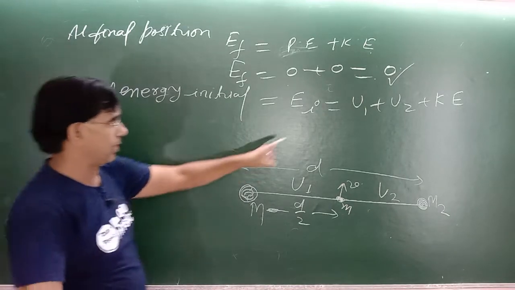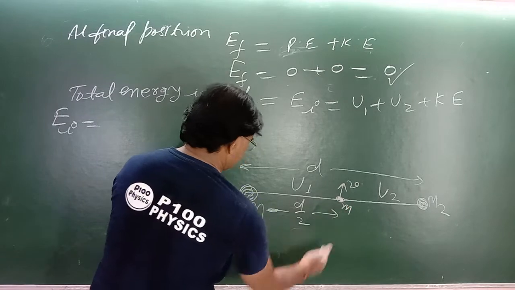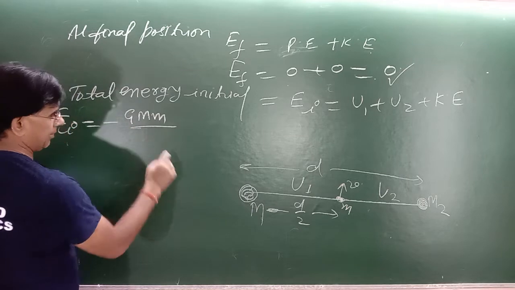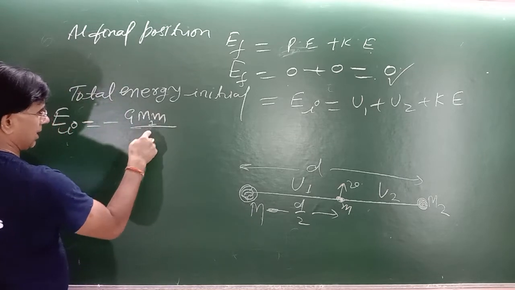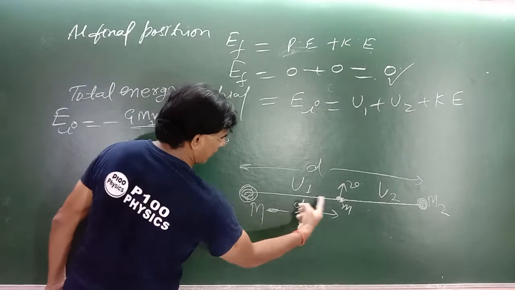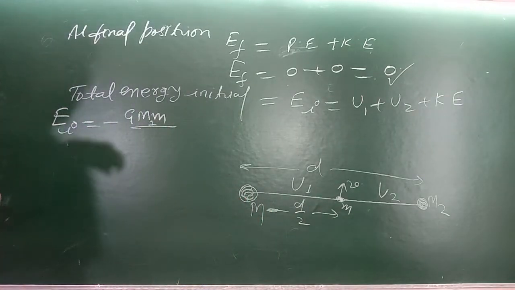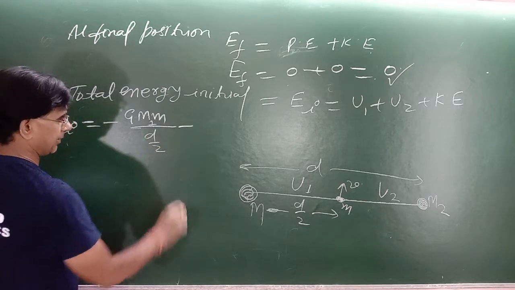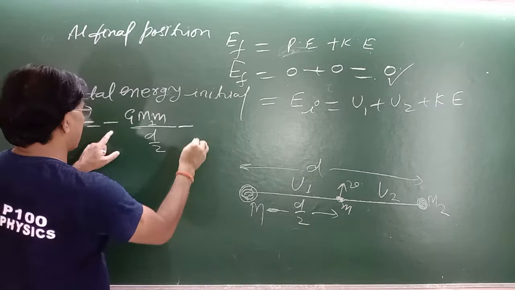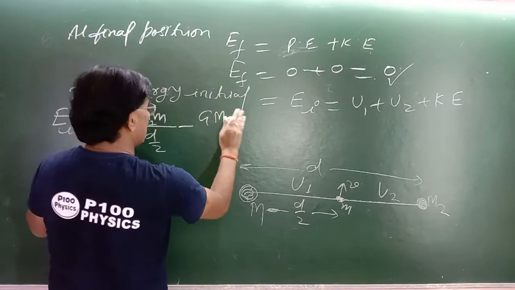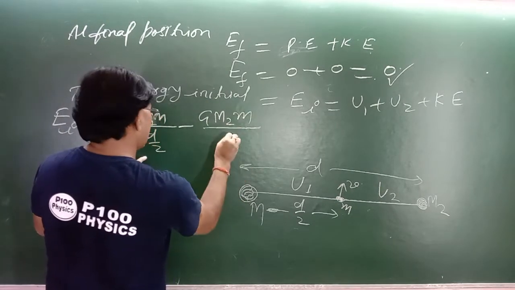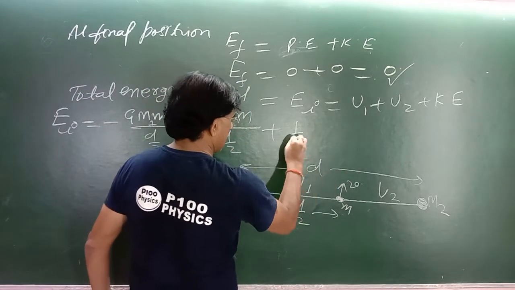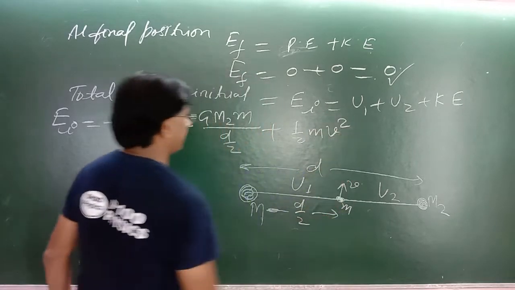So EI will be how much? U1, with d by 2 as the distance, is minus GM1m upon d by 2, minus U2, which is GM2m upon d by 2, plus kinetic energy half mv square.